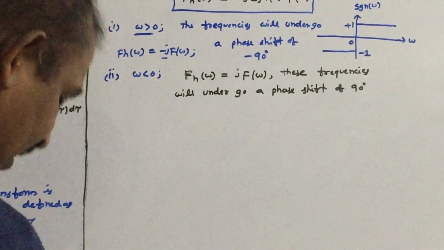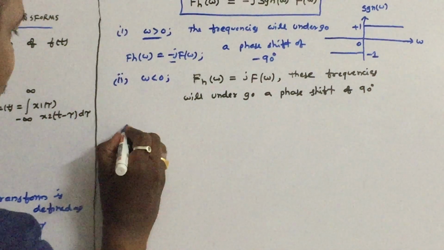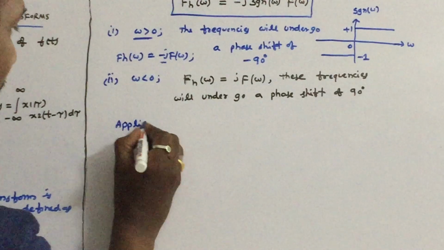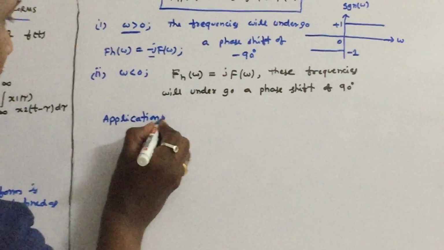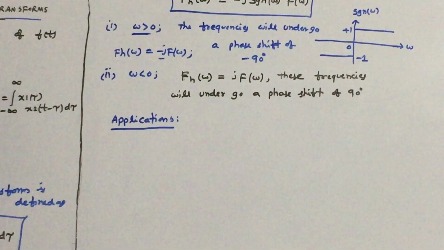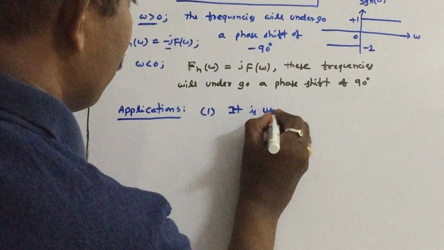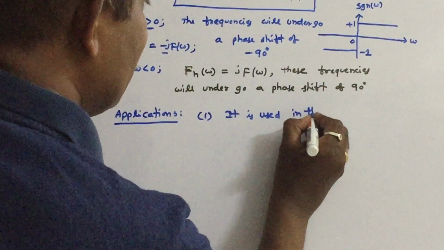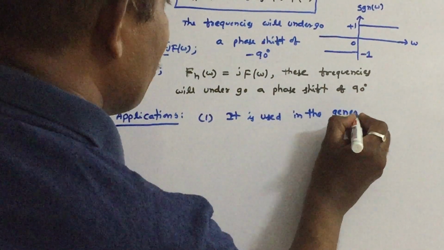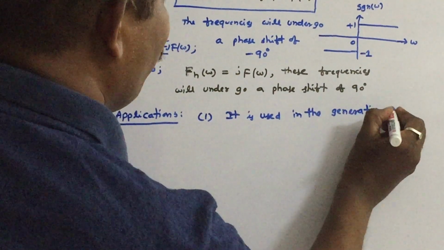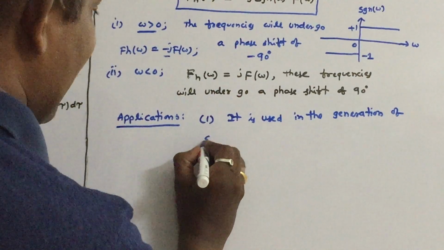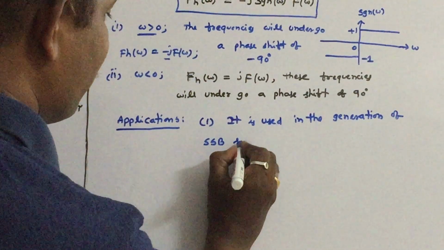Now let us see what are the applications of the Hilbert transform. First, it is used in the generation of SSB signals, very important.